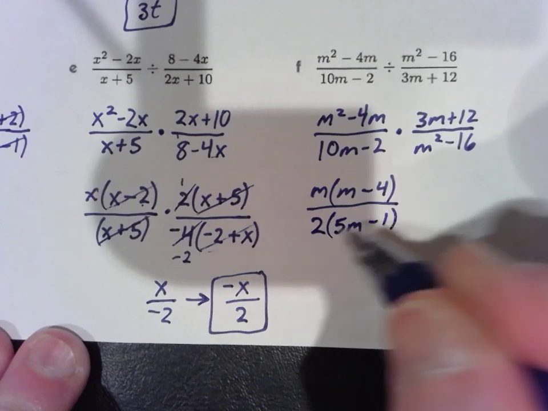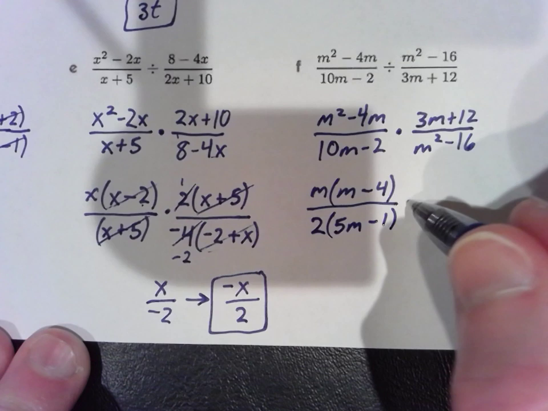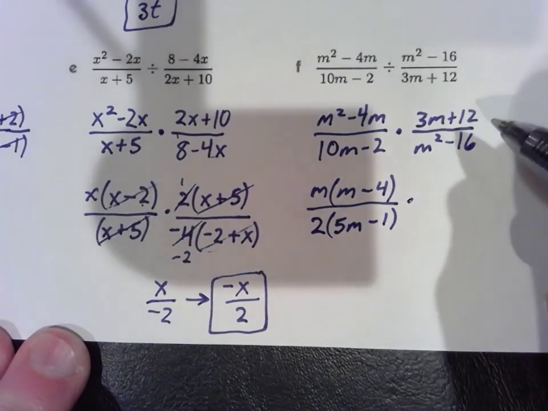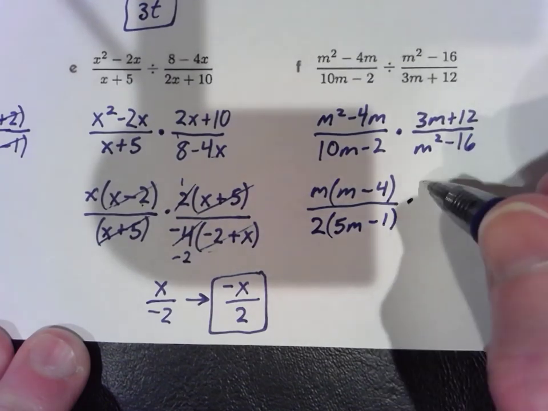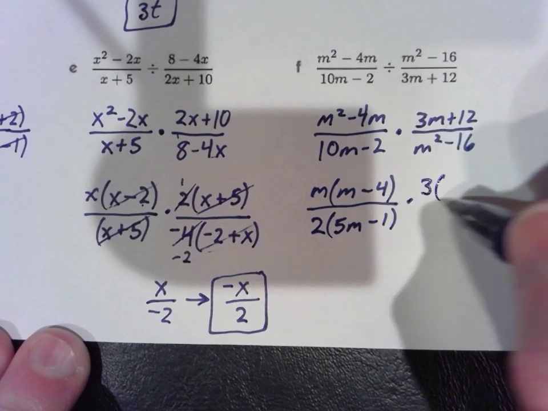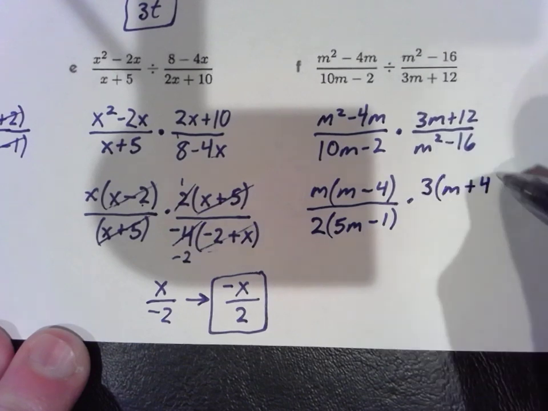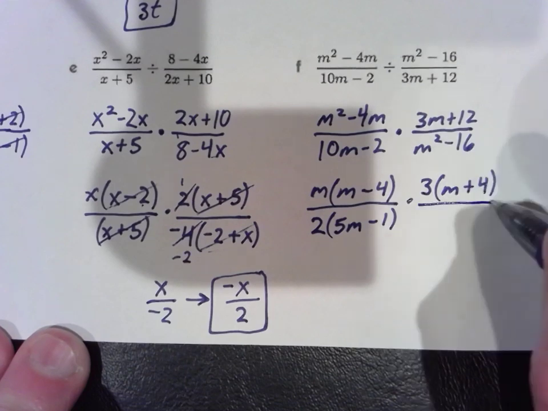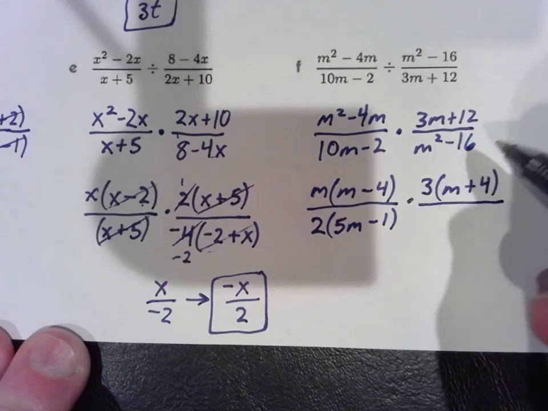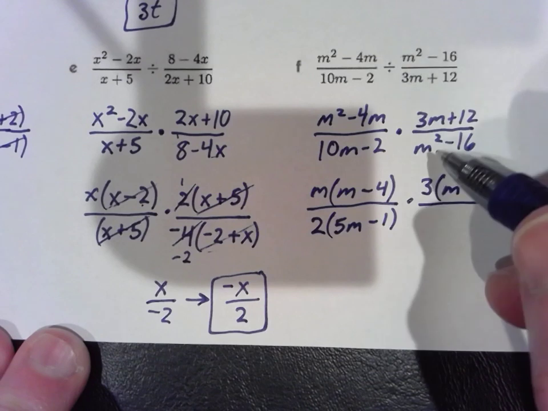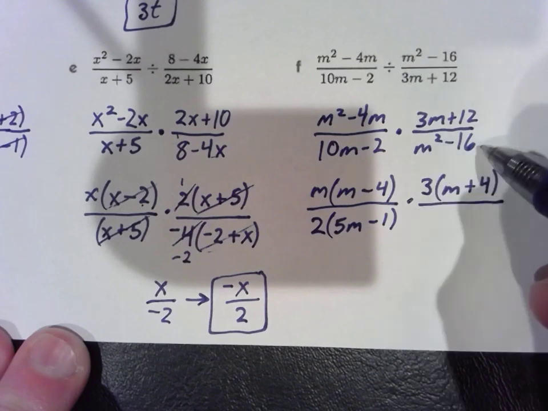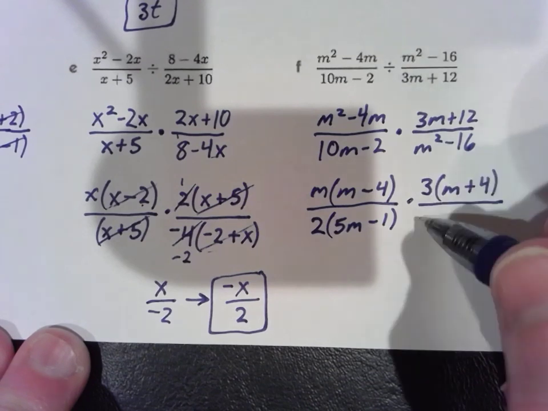3m plus 12, the 3 and 12 can both be divided by 3. 3 times m is 3m, 3 times 4 is 12. M squared minus 16, now this one I've got m squared but no m in the second term, so this one is a difference of squares.